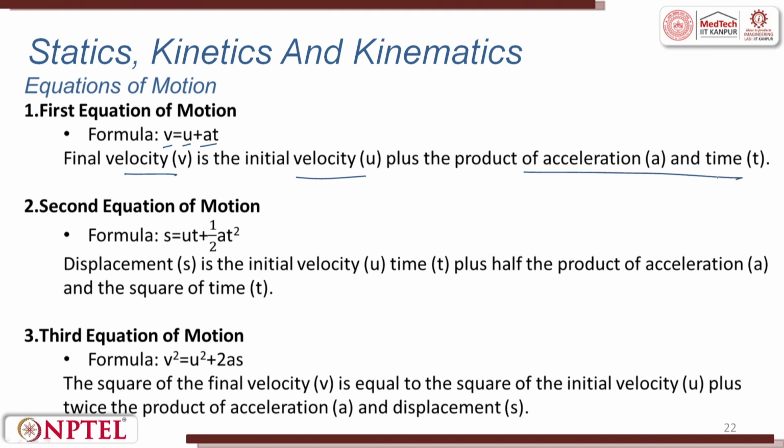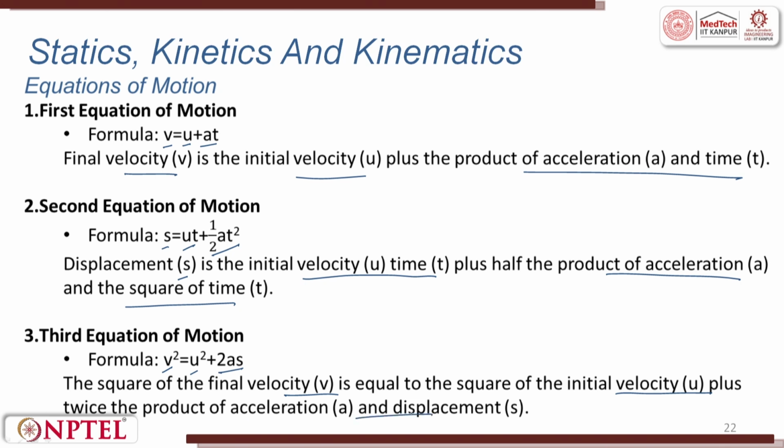Second equation of motion: s is equal to ut plus half at square, that is displacement s is the sum of the initial velocity into time plus half of the product of acceleration and the square of the time. Third equation of motion: v square is equal to u square plus 2as, that is the square of the final velocity is equal to the square of the initial velocity plus twice the product of acceleration and displacement.